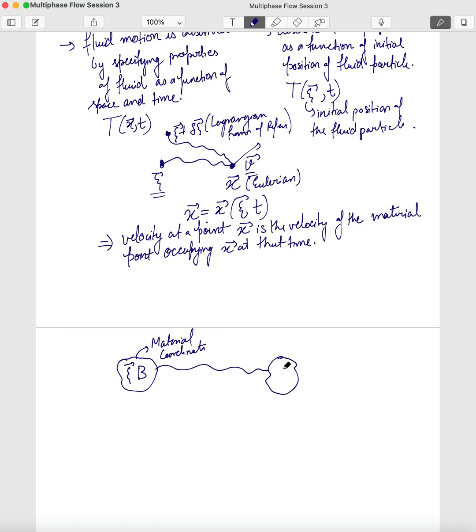And you are following some path and reaching a particular point x, and that x is a function of zeta and time.